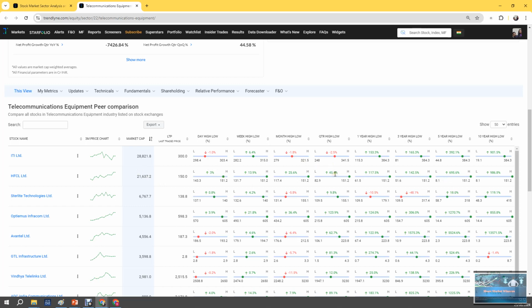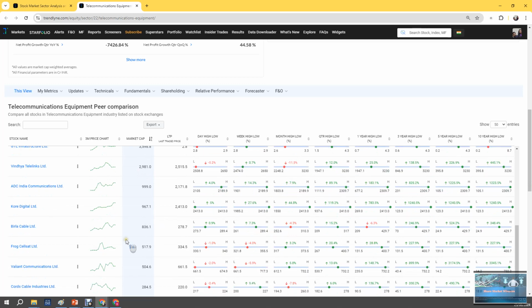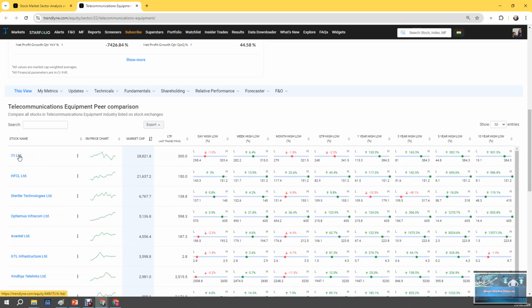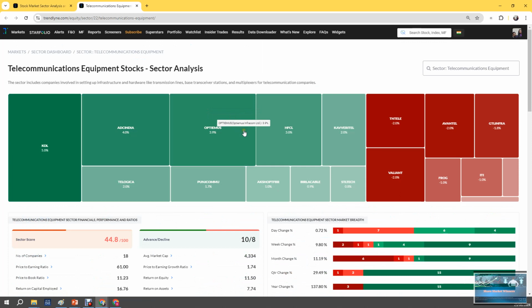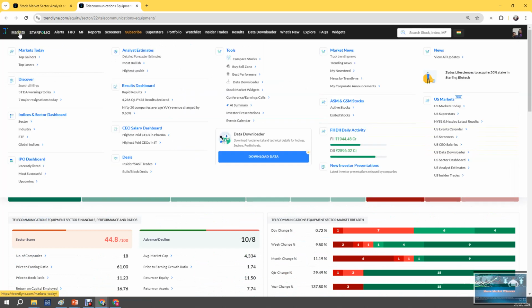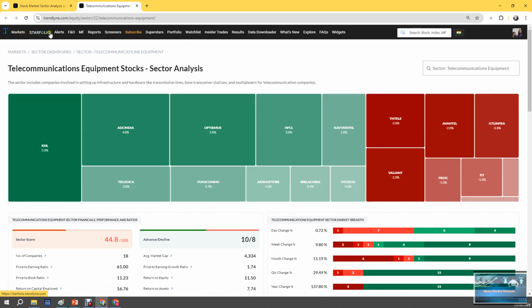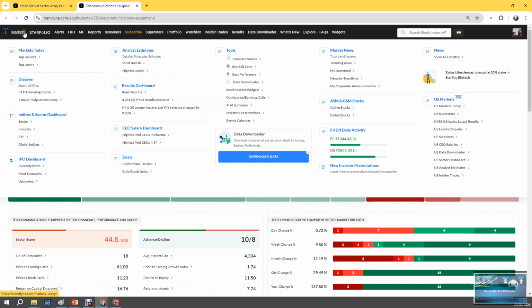From here, you can further deep dive into a particular stock and analyze. I'm just showing the features available in the trend line, but you can use this for extensive analysis. As I said, you can analyze from the sector or industry, and even mutual funds related analysis you can do from this particular tool.